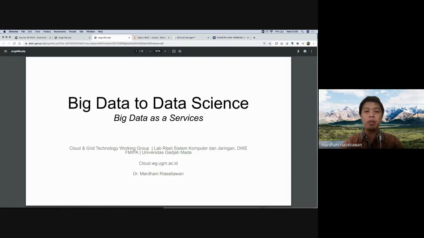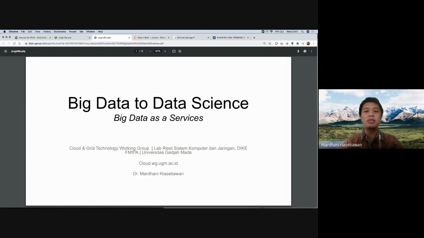It means that in the first place we discuss the data sources from the big data environment, and then we also collect the data with big data methods. That is the main concern of this material, which is why the title is big data to data science. In cloud technology, we call it big data as a service.